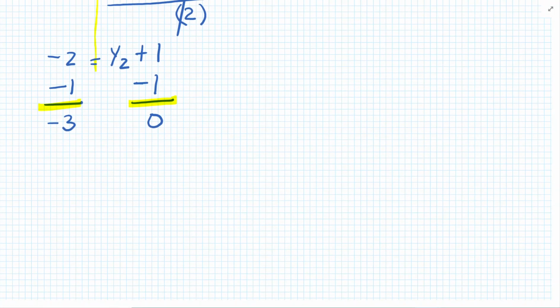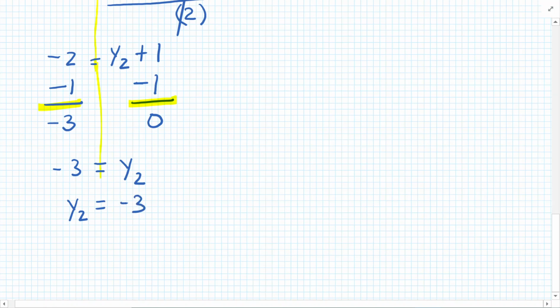Where are we at now? Extending this down, we have -3 equals y sub 2. I don't like to see -3 before my y's, so I'm just going to flip these. Y sub 2 equals -3. And I can do that now, because y sub 2 is by itself.